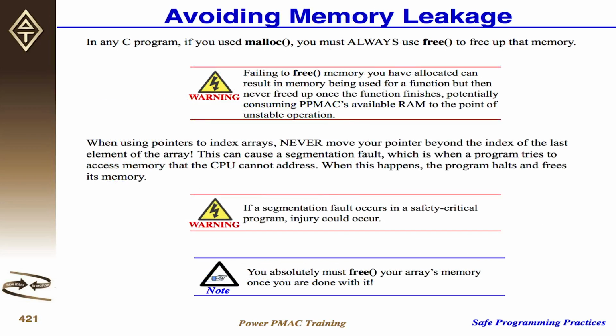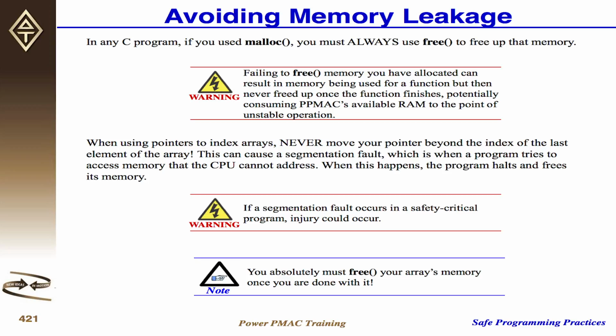All right, so if you're using dynamic memory allocation with the malloc command, you should always use the free command to free up that memory. Otherwise, you can cause memory leakage. It's bad.